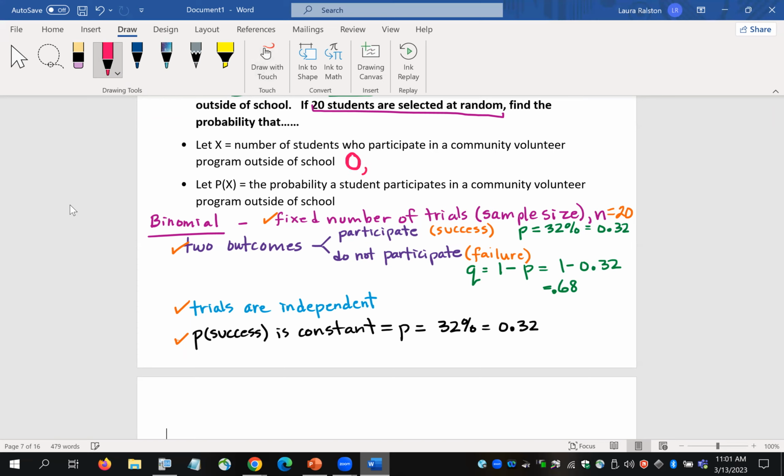So the number of students could be from 0 all the way up to 20. You have to allow for the option that no students volunteer. So you do have to include 0.